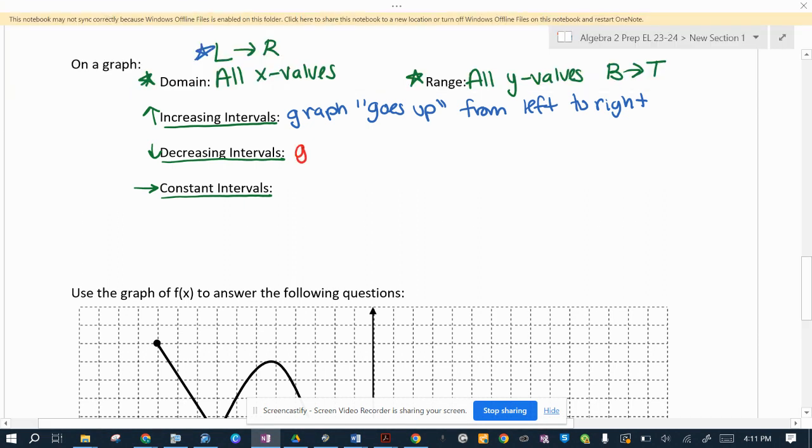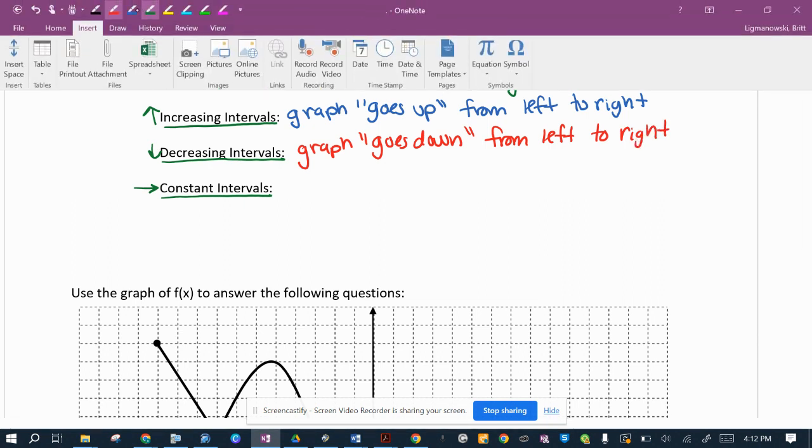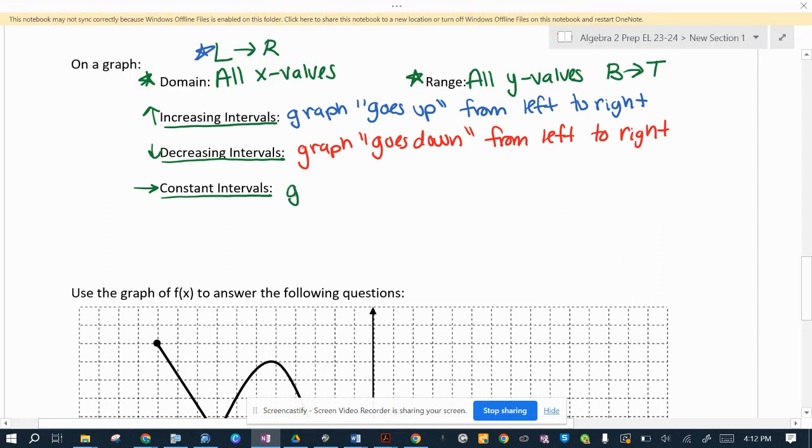Decreasing is where the graph goes down from left to right. And then our constant is where our graph stays the same from left to right.